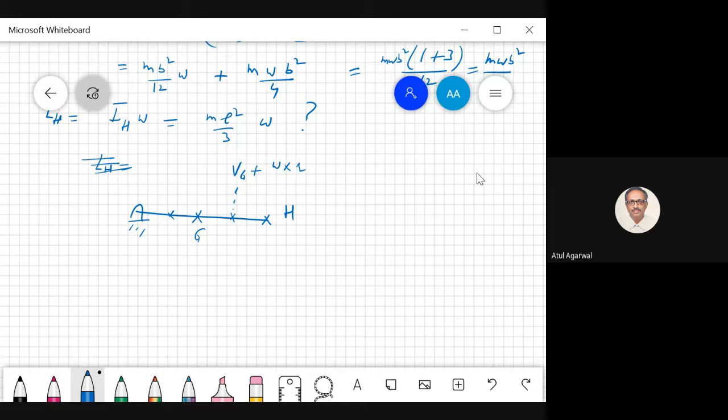So what is the velocity of any particle P as seen by the observer with respect to H? Velocity of P will be velocity of H plus omega cross r, and we are measuring the r from here.